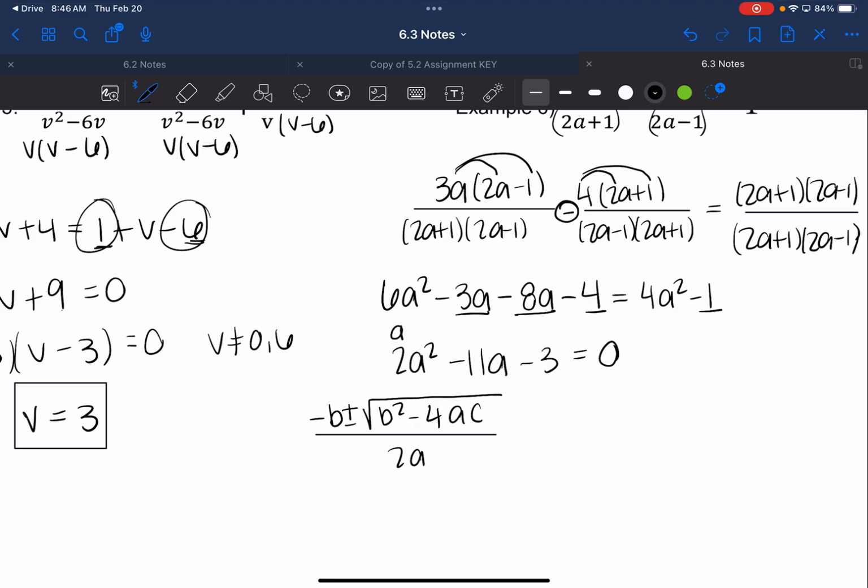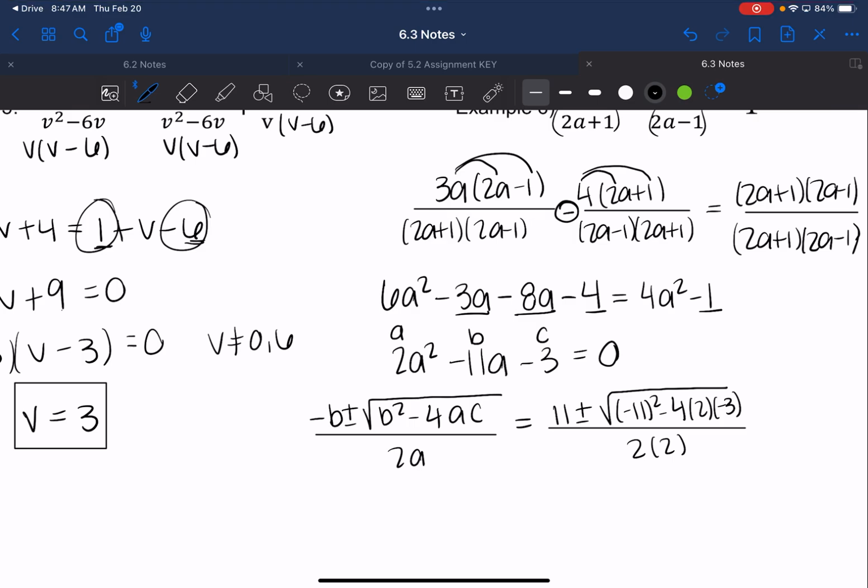Remember, this is a, this is b, and this is c. So we'd have negative 11, right, or just 11, plus or minus negative 11 squared minus 4 times 2 times negative 3 all over 2 times 2.